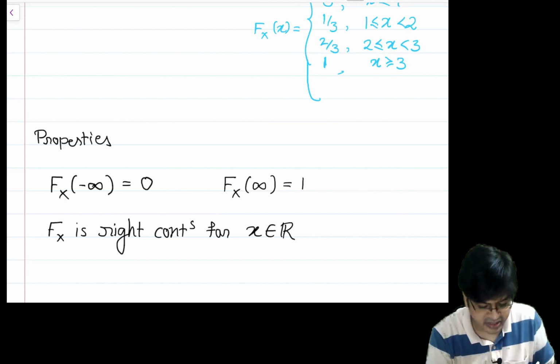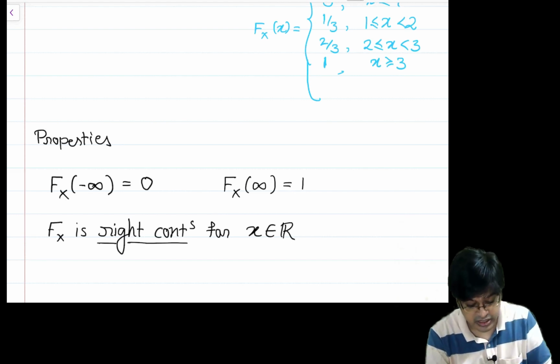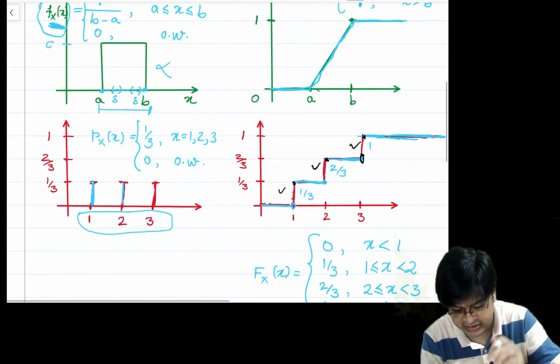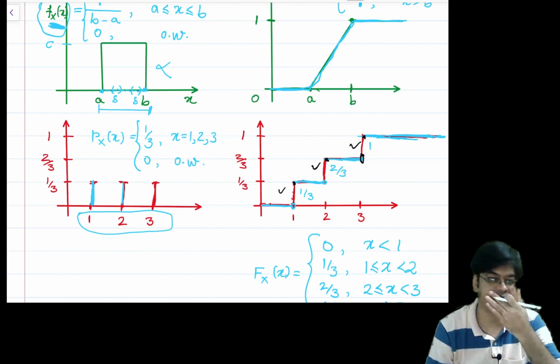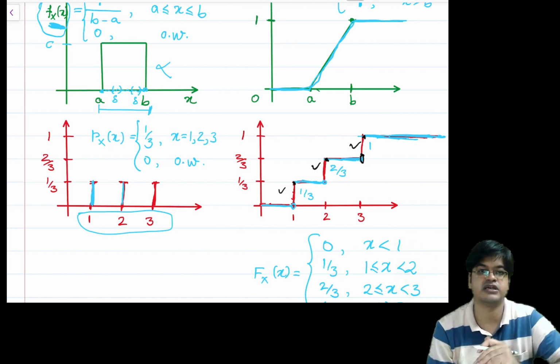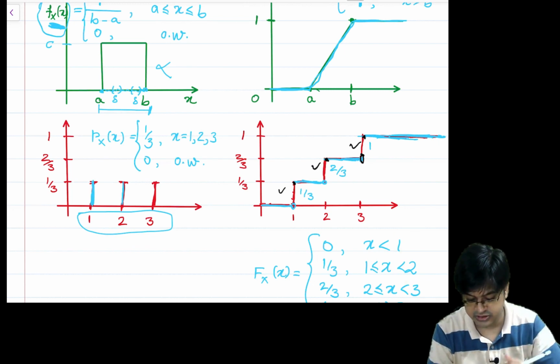Why am I saying right continuous function? You should think about it. If random variable X is continuous, then I am getting F_X to be a continuous function, so naturally it will be right continuous. But if I am talking about a discrete random variable, then the function cannot be continuous because there are jumps in between, and these jumps are towards the right.